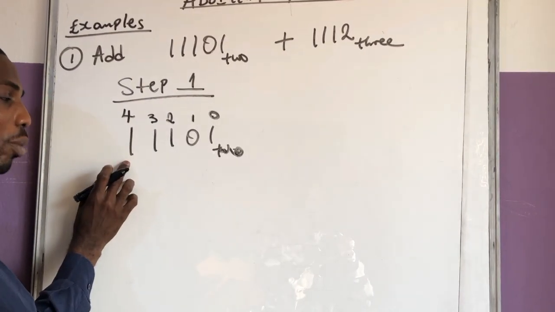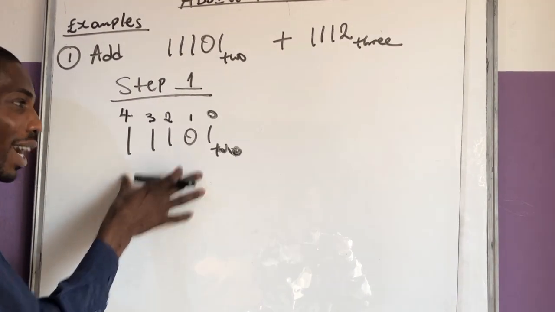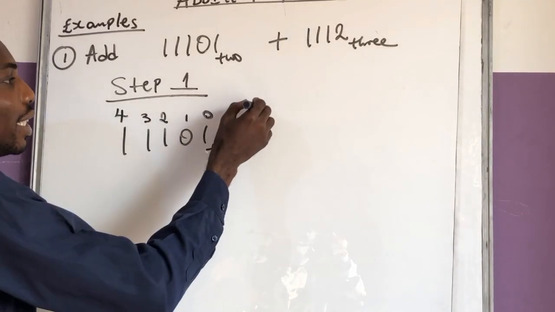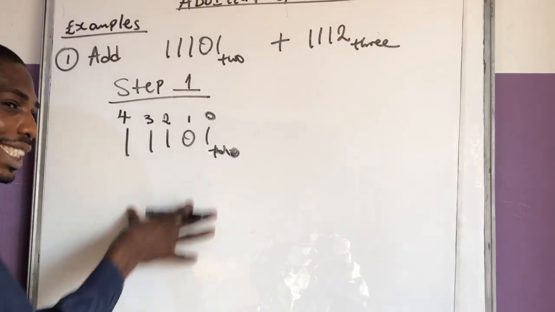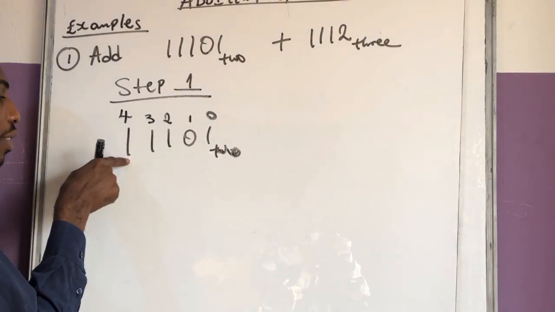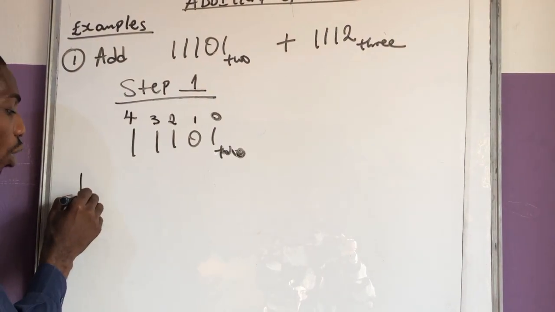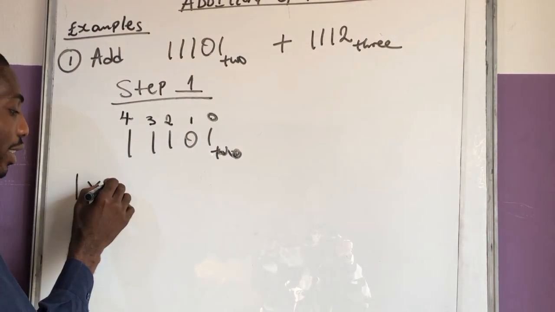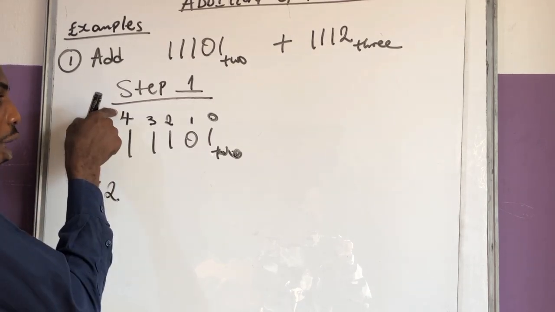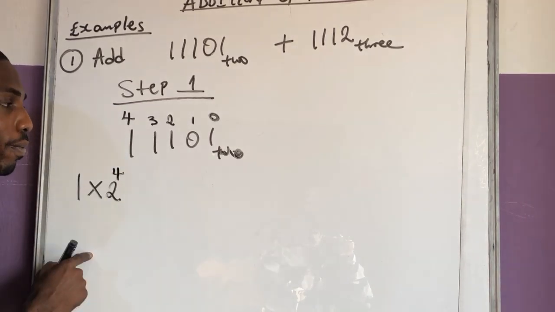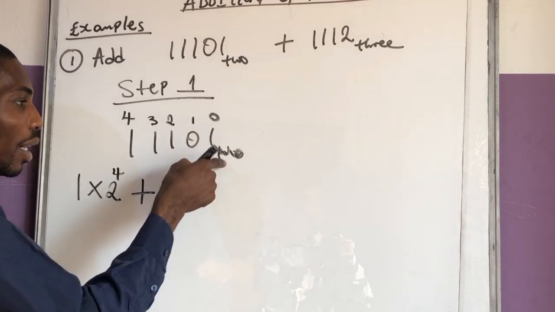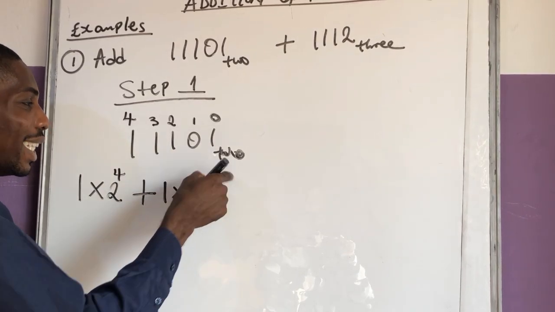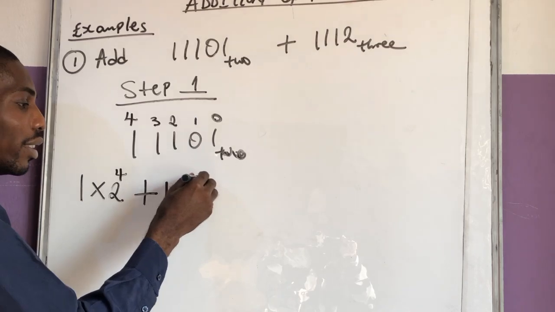Then what is the first number I have here? Don't forget that I'm converting this to base 10. The first number is 1. So I have 1 multiplied by the base, which is 2, raised to the power of 4. Then plus 1 multiplied by the base raised to the power 3.